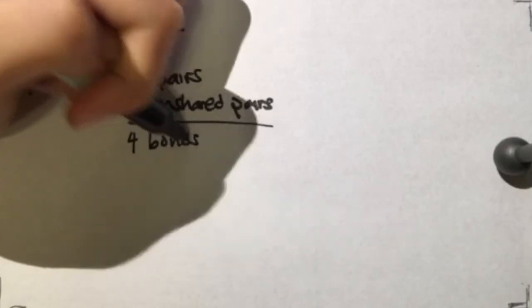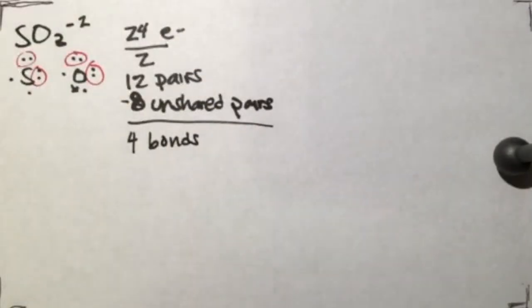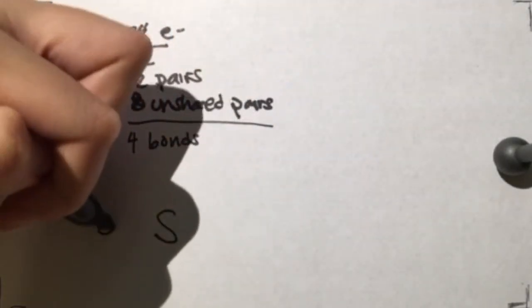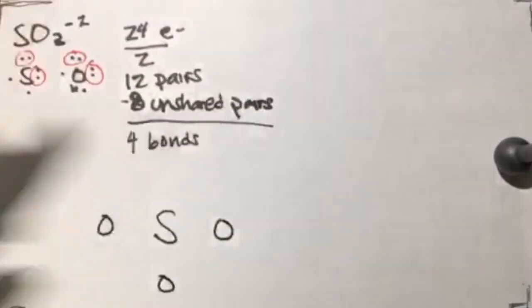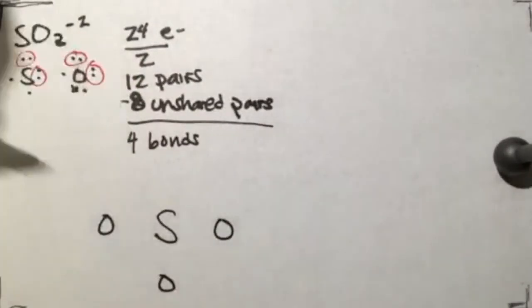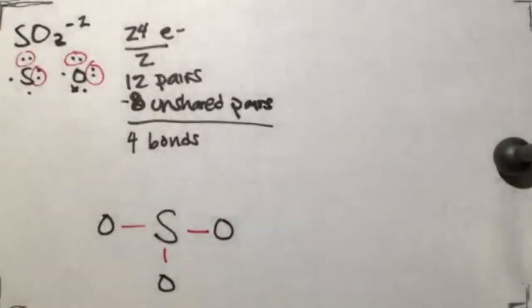Third, use this information to draw out the structure. We'll put sulfur in the middle and put the oxygen surrounding it. We'll use these 3 bonds to bond the 3 oxygen molecules to sulfur. These oxygen molecules are now satisfied as they all follow the rule of octet. However, sulfur still needs 2 more electrons to satisfy this rule.